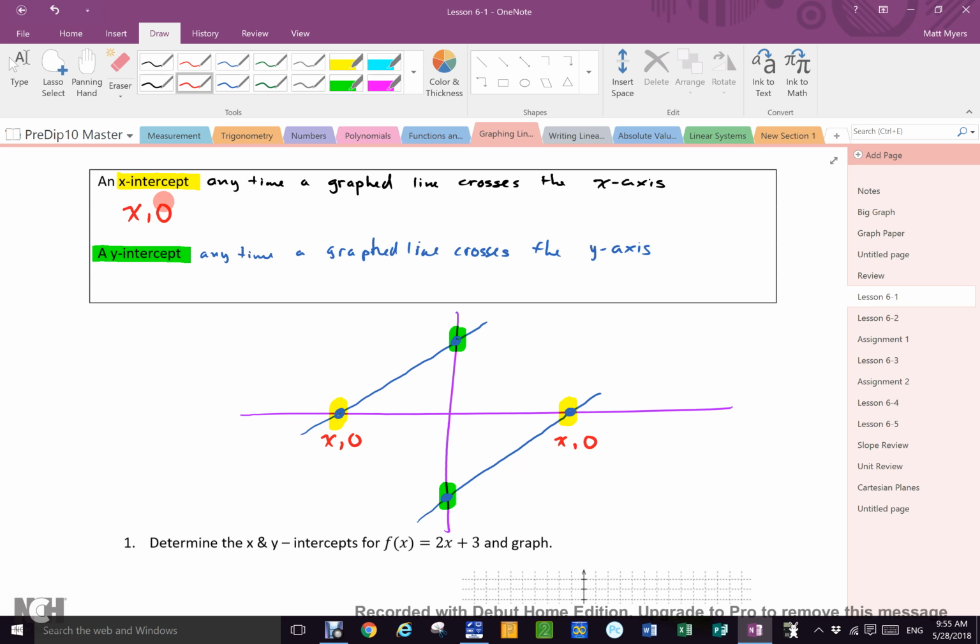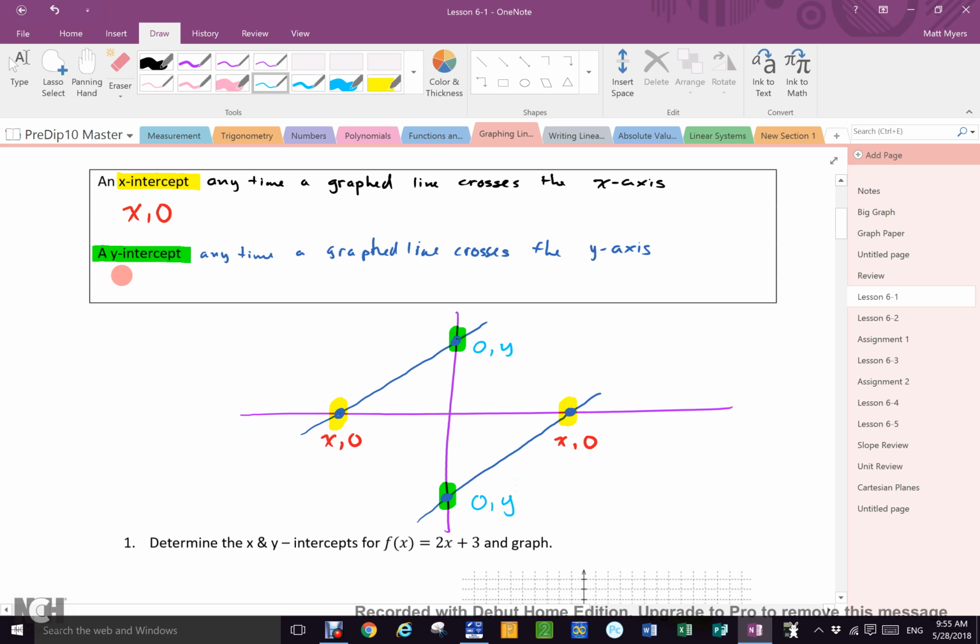Okay? The green dots are what? Y-intercepts. What are their coordinates? 0 comma y. Because you have no idea how far up and down I have gone, but you know that is 0 on the x-axis. And this guy is 0 comma y.